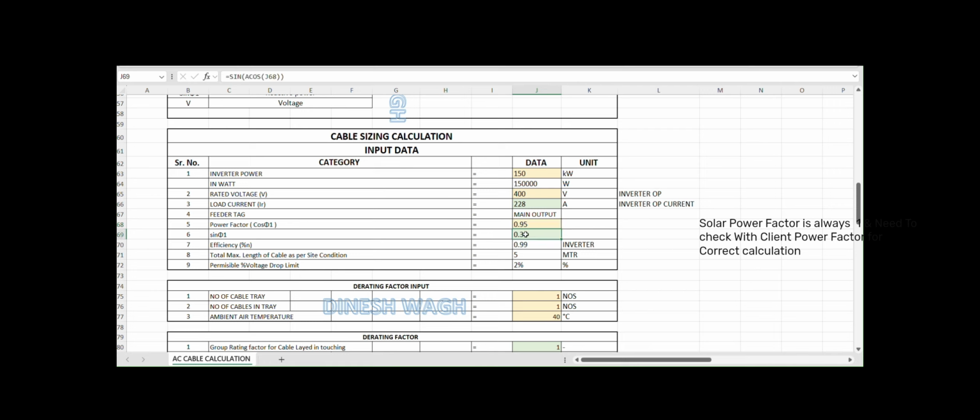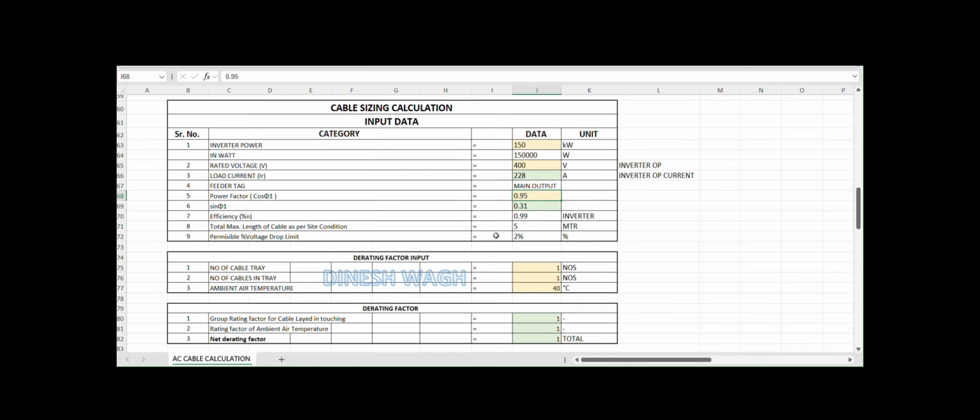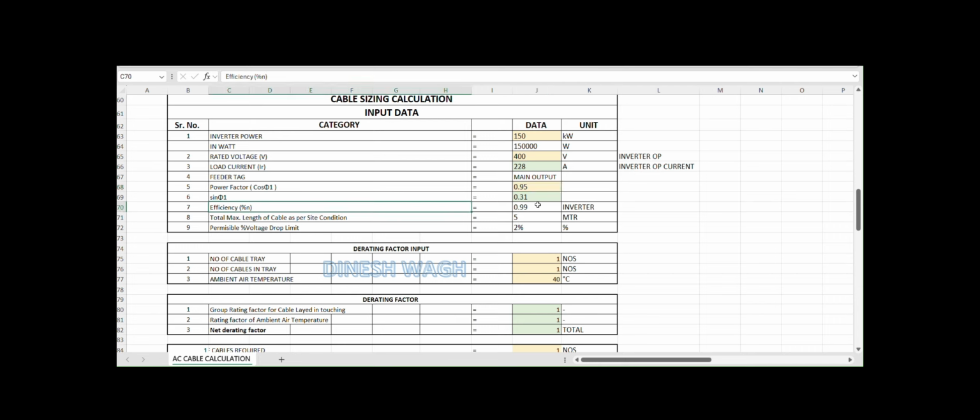If you want to calculate sin phi automatically, you can use the formula sin(acos(power factor)). Efficiency as per the inverter data sheet we have considered here is 0.99. Then total maximum length of cable as per site condition, I have considered here 5 meters of cable is required for me.